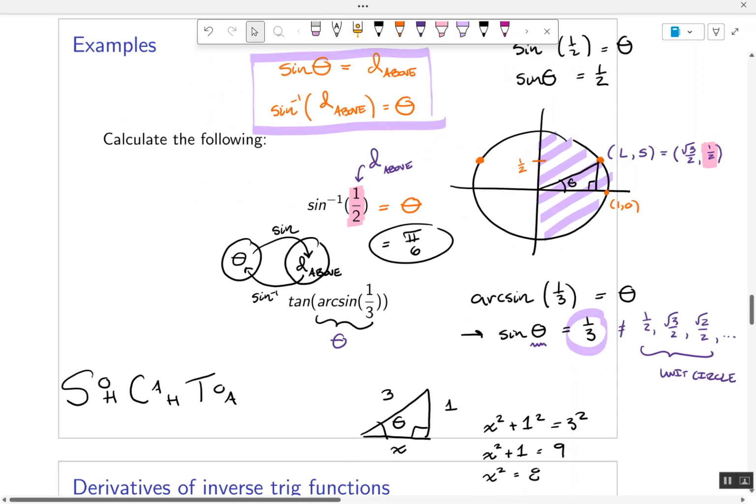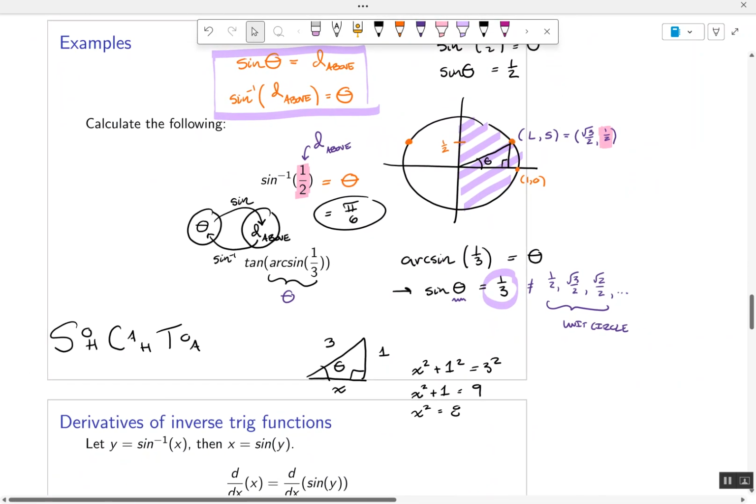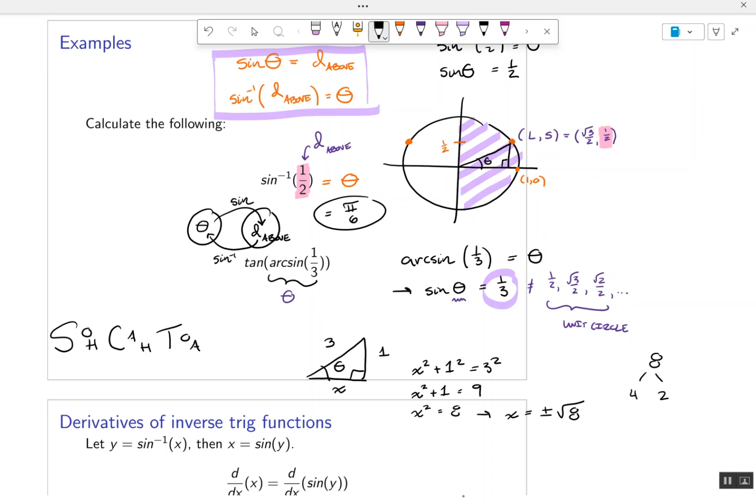And thus x is plus or minus the square root of 8. 8 we can write as 4 times 2, so the square root of 8 is the square root of 4 times the square root of 2, which is 2 square root of 2. So we get x is plus or minus 2 square root of 2. In our diagram, we're only concerned with a positive x value, so we'll just use the positive one.